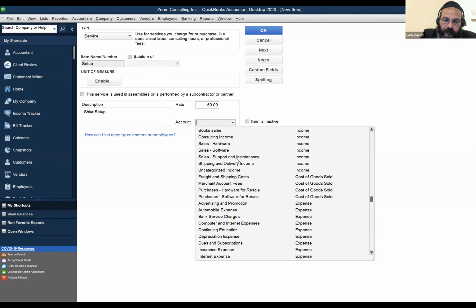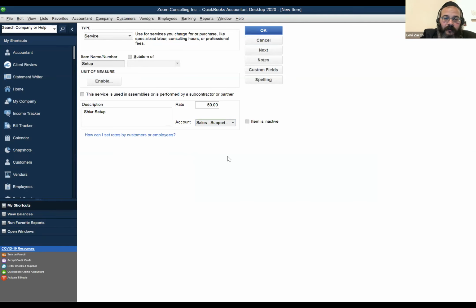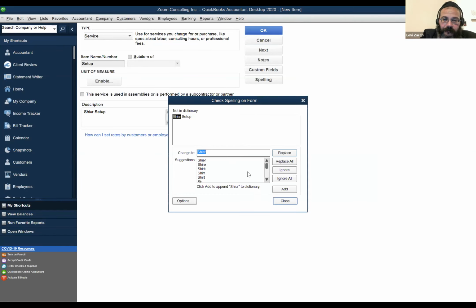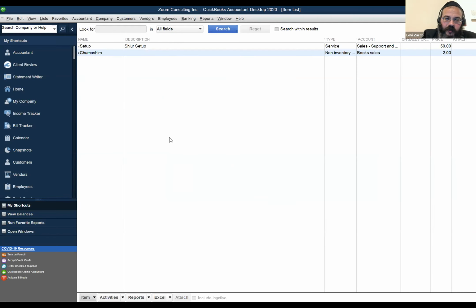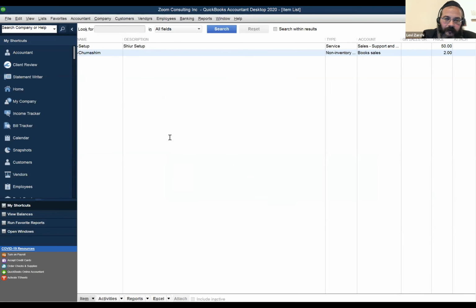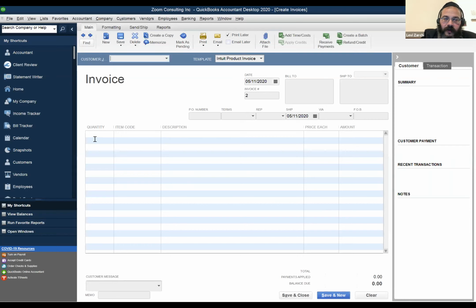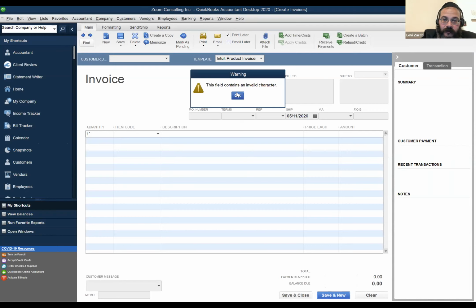It probably could be, you could classify it as support and maintenance perhaps. And then close this one. There's a spell check. If I would go Control-I, I told you the fastest way in QuickBooks is to go with shortcut keys. And I would put now setup, actually 1 hour of setup or 1 unit of setup, however you call it. Invalid character, yeah. I put in a 1 and I put a dot.